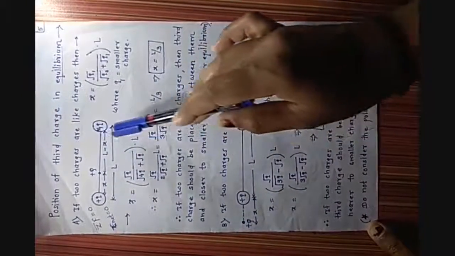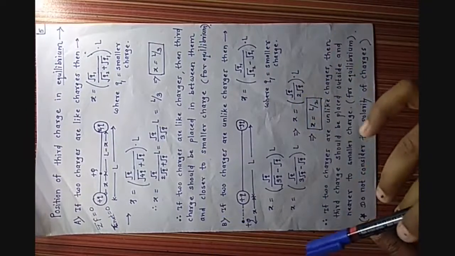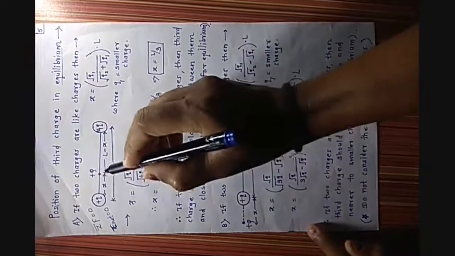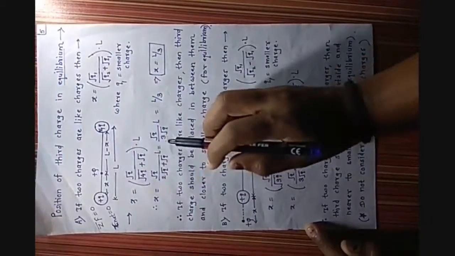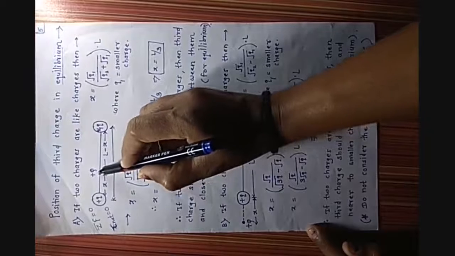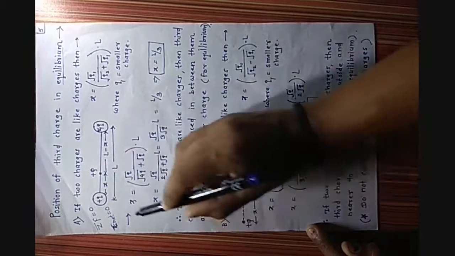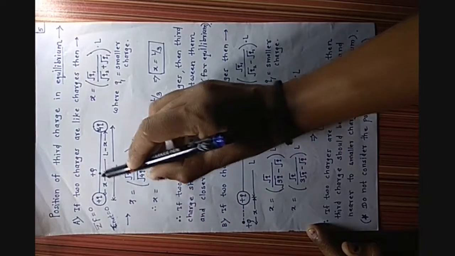To solve such questions, let us consider that if the charge is placed somewhere here in between these two like charges, then the net force acting on the charge Q, or the net electric field produced at the charge Q, is equal to 0.